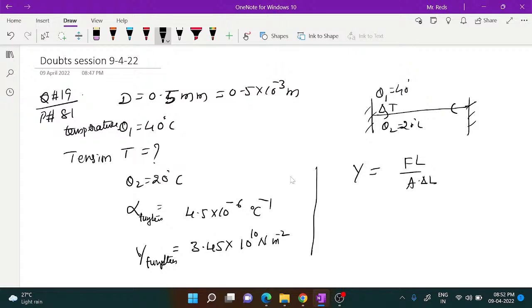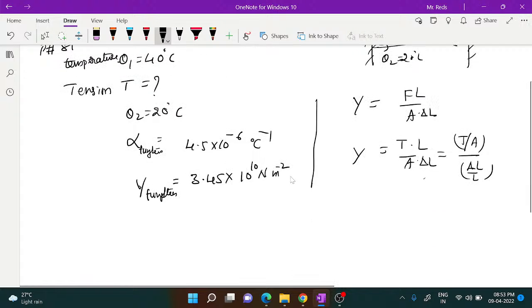When a force F acts on an area, it produces a stress, which in turn gives the strain delta L by L. Here this force can be taken as the tensional force, so Y is equal to T into L by A into delta L. Since we are asked to find tension, we can write tension T is equal to Y A delta L by L.